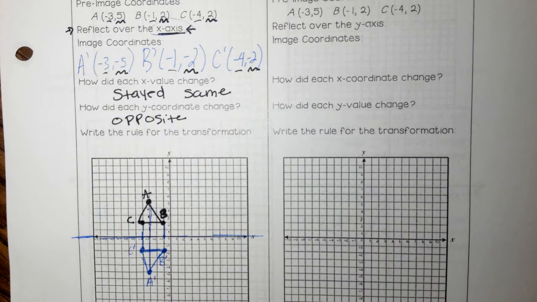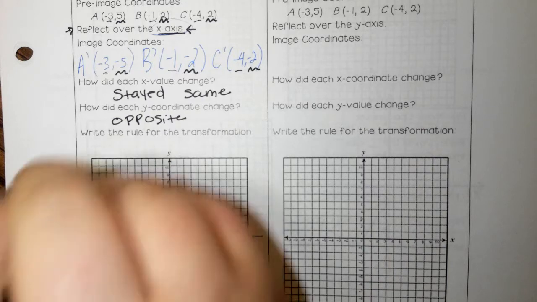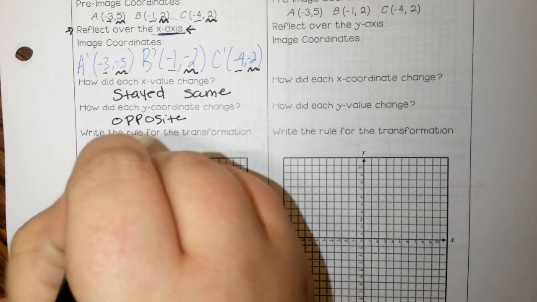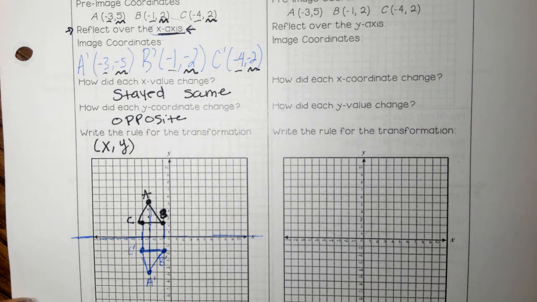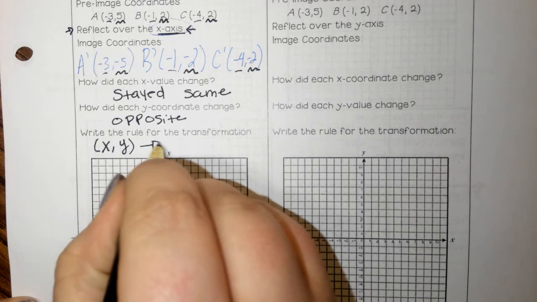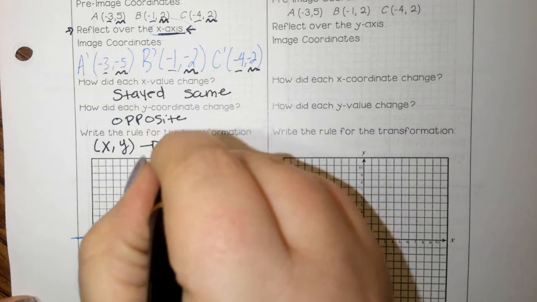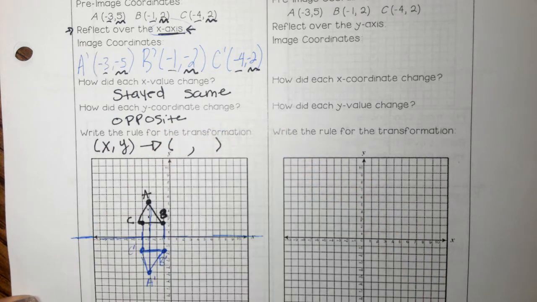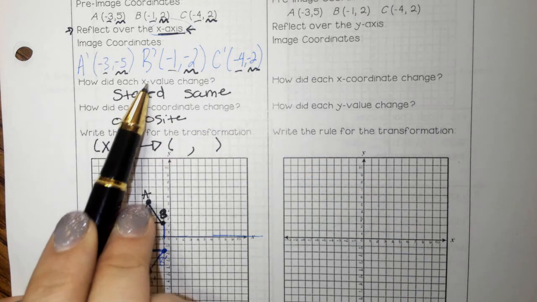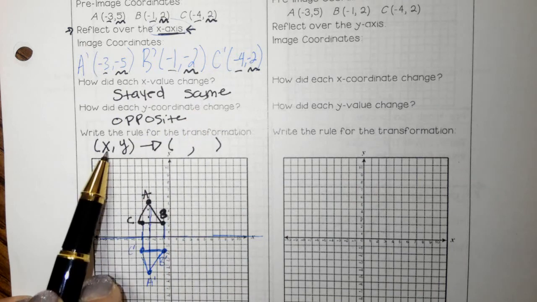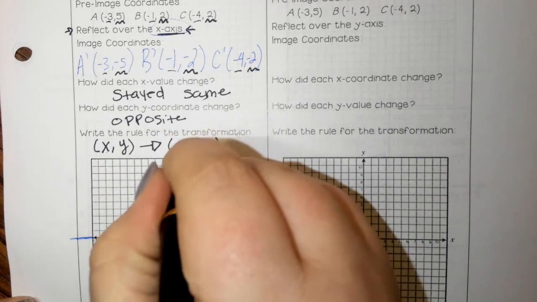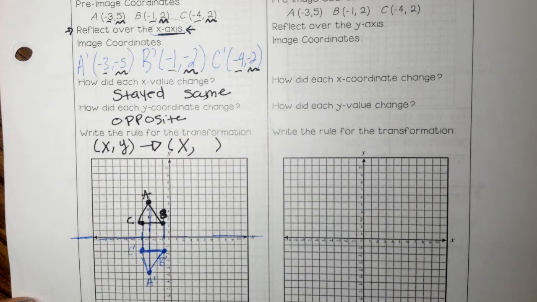So now I want to write the rule for this. To write the rule, I'll start out by writing a normal ordered pair, x comma y, and I'm going to transform this using a reflection. And here's my new ordered pair. The x values stayed the same, so x didn't change, which means this is going to stay x.